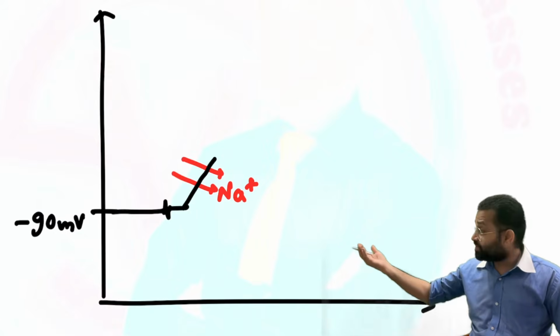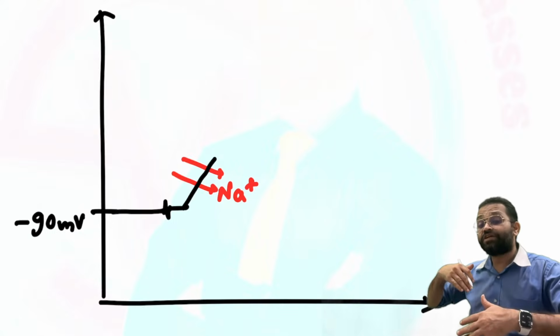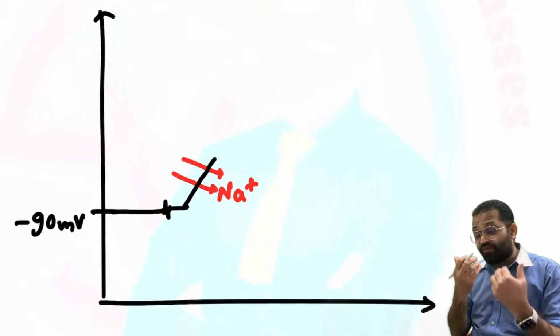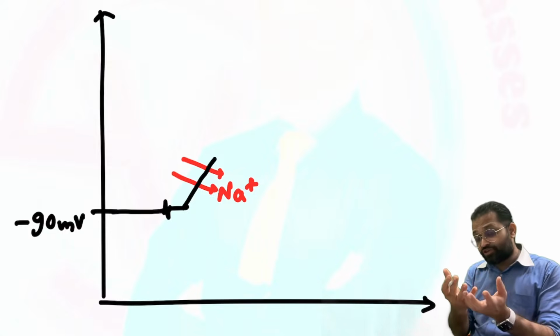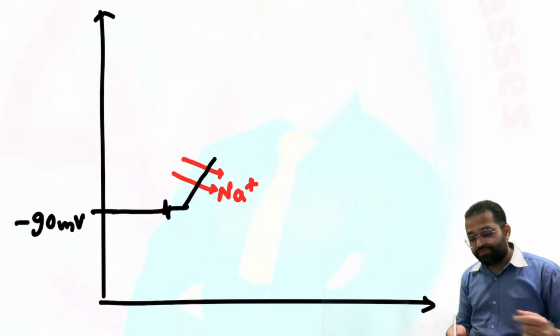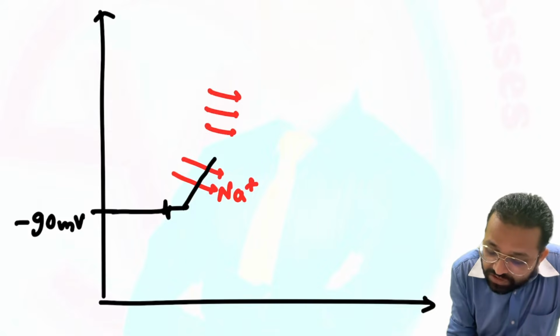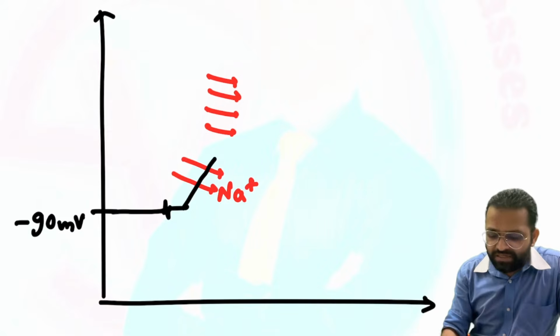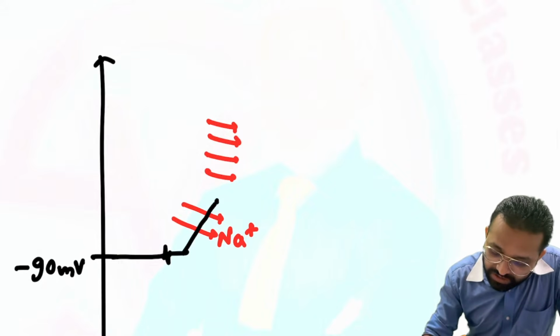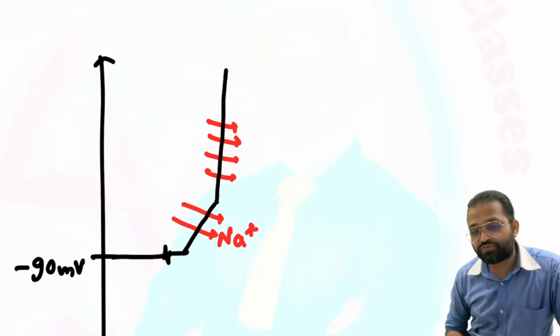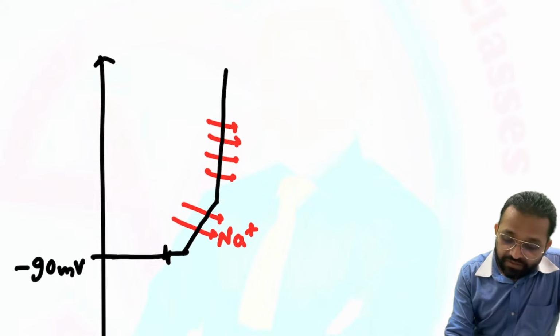Now, as the sodium is getting influx, it tells the other sodium to come fast. Yes, my friend, I reached inside, come fast. So now the fast sodium channels are getting open. So this curve will rise very sharply, very high. Fast sodium channel.